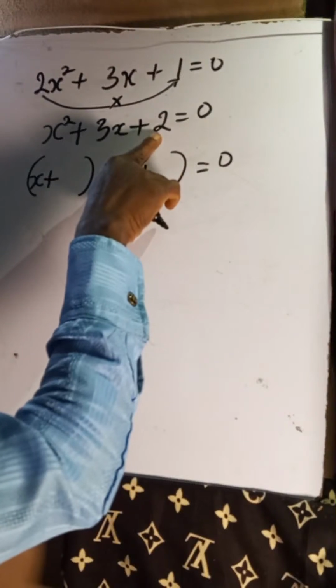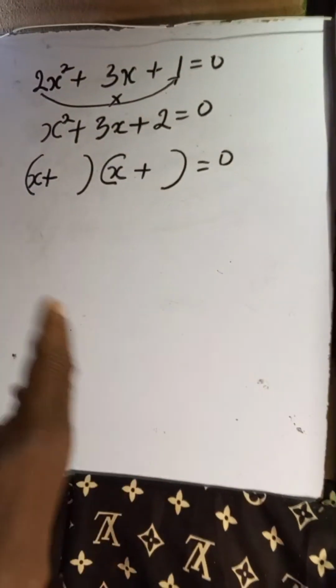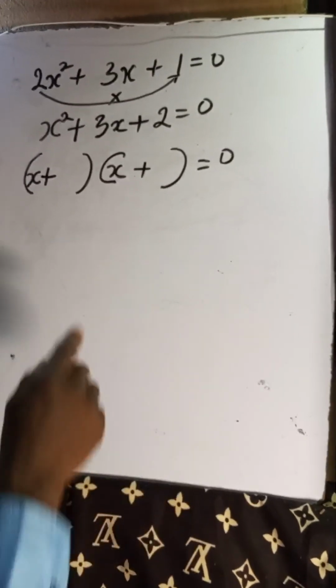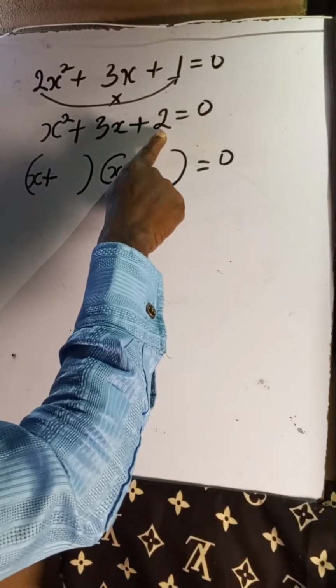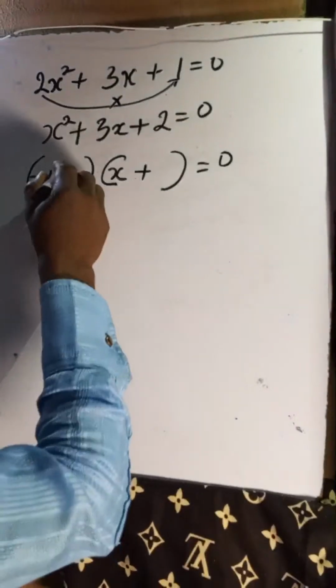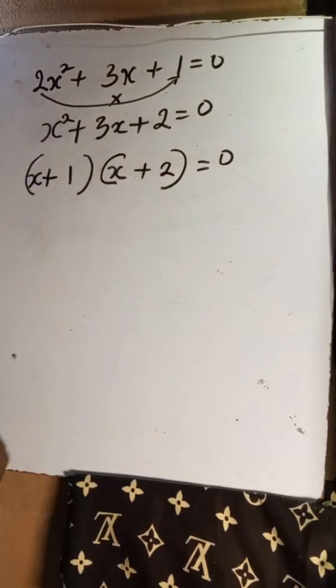This is a prime number. Whenever you have a prime number here, numbers like 2, 3, 5, 7, 11, and so on, 13, just note that it's just 1 and that number. So which means we have 1 here and here 2. It doesn't matter, here can be 2 and here will be 1, or here will be 1 and here will be 2.